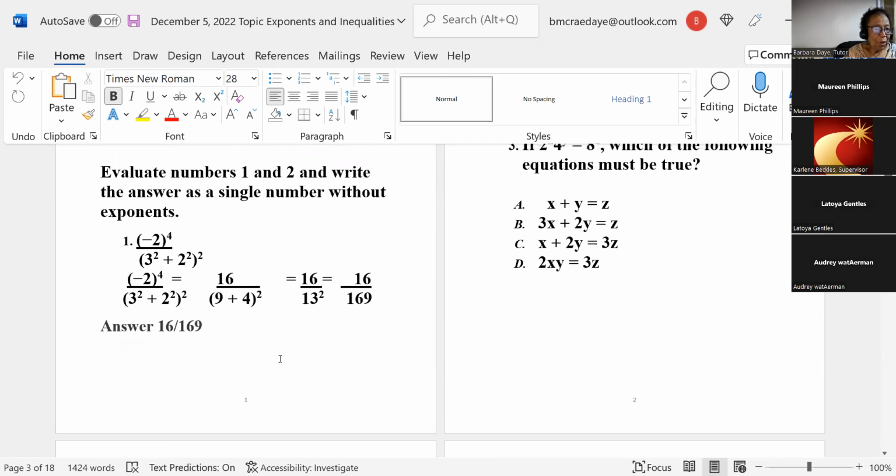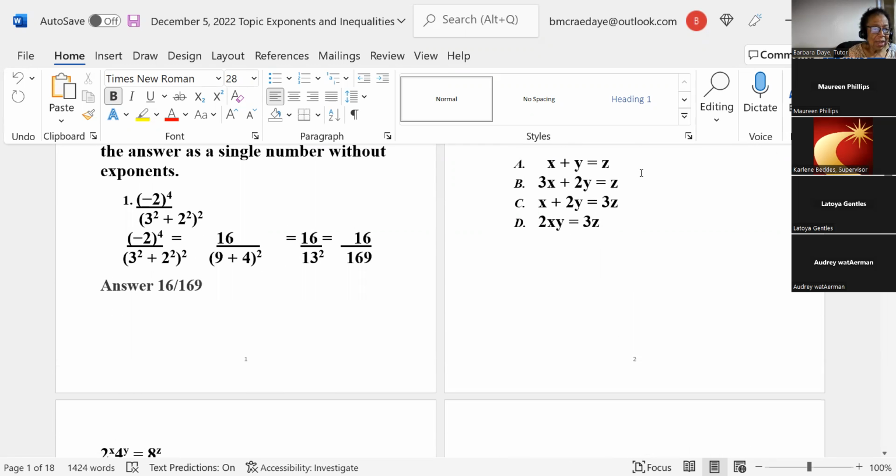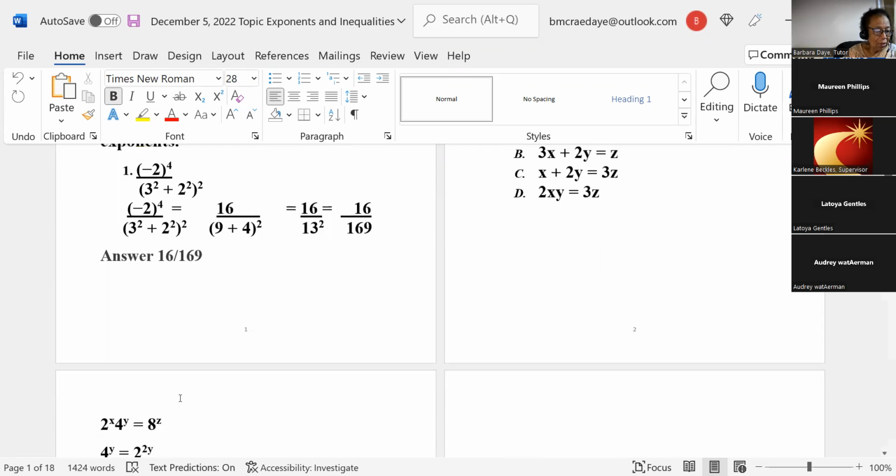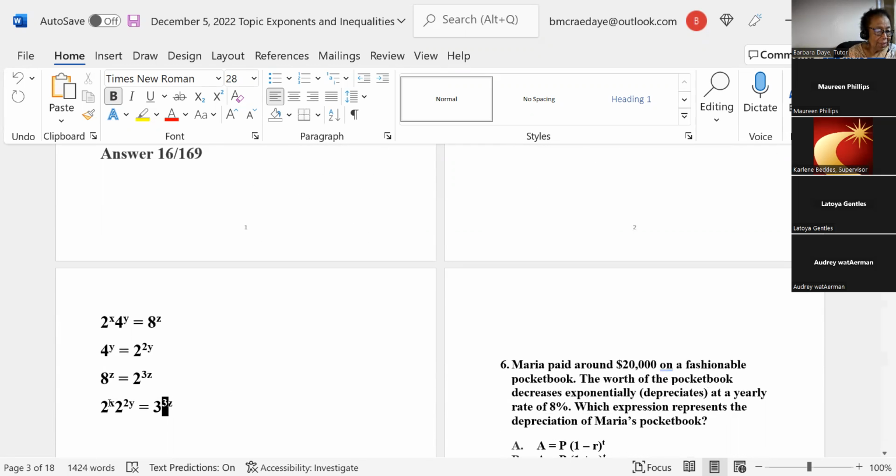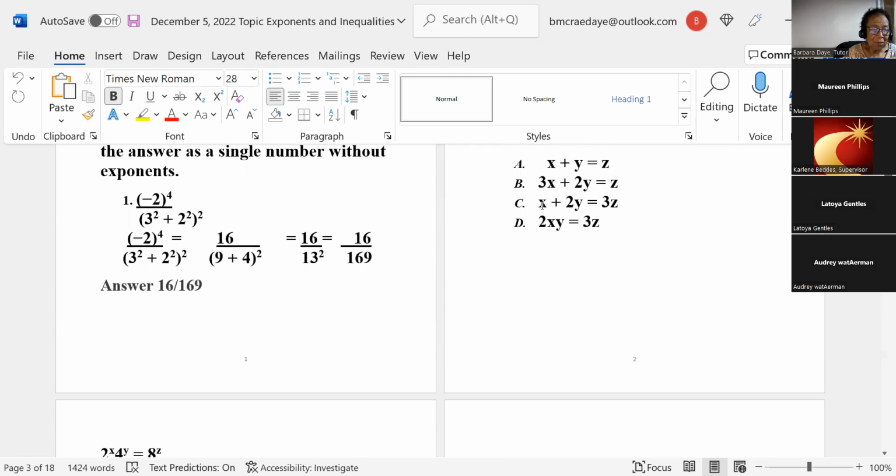So you have the x plus the 2y will be equal to 3z, right? Because you add the powers when you're multiplying. So x plus 2y is equal to 3z, and that's exactly what C has right here.